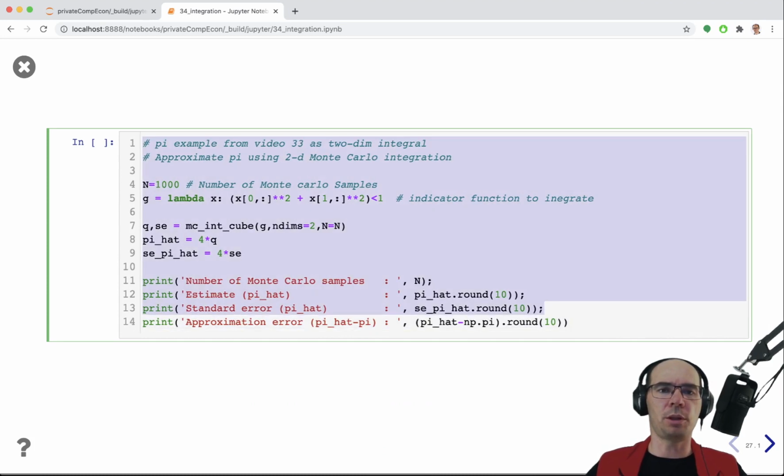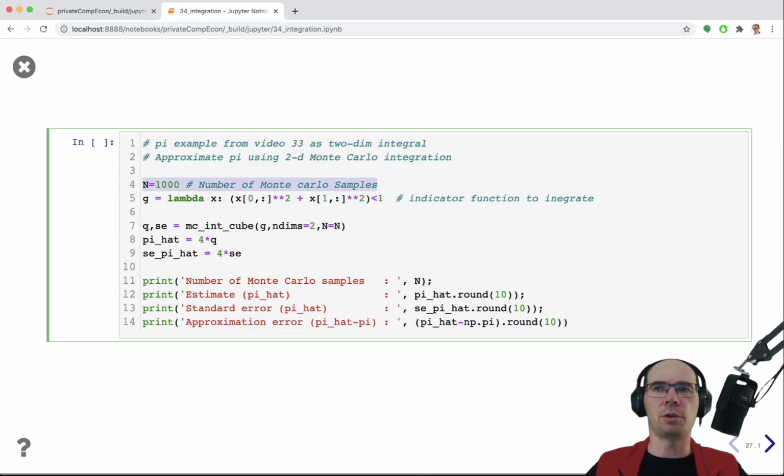So let's repeat the pi example from the previous video by calculating the following integral. Imagine that we have a function g, which is a function of two variables, x0 and x1. But just to make it vectorizable, we will allow for the second dimension, right, by placing these dots in here. And what does this function do? Well, it calculates the distance to the origin.